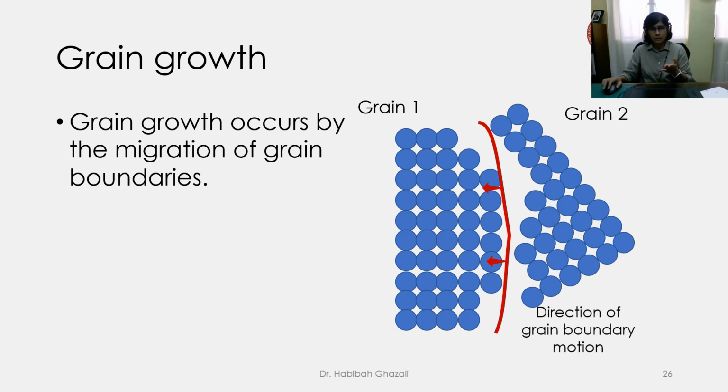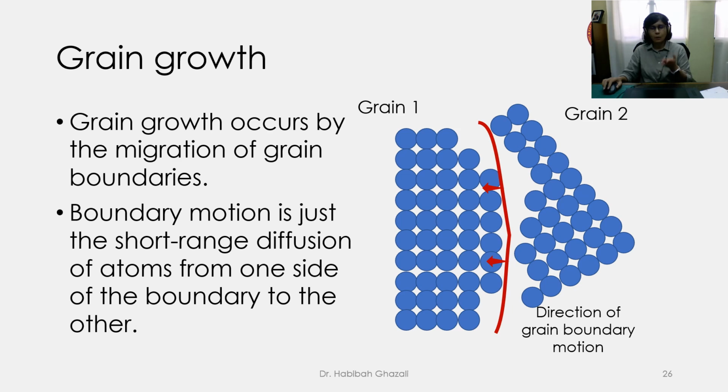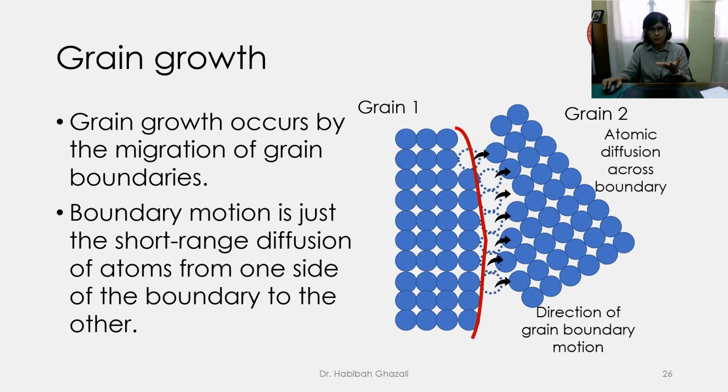As you can see from this illustration, if we leave them at a higher temperature, the atoms from grain 1 will migrate to grain 2, and the grain boundary will be shifted. So grain boundary motion is just the short range diffusion of atoms from one side of the boundary to the other side.